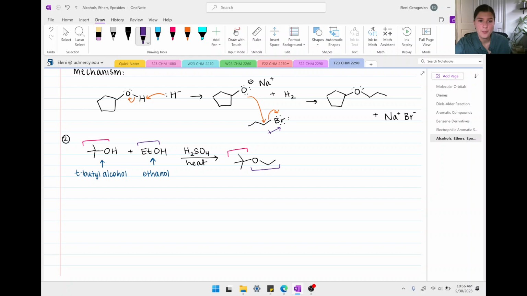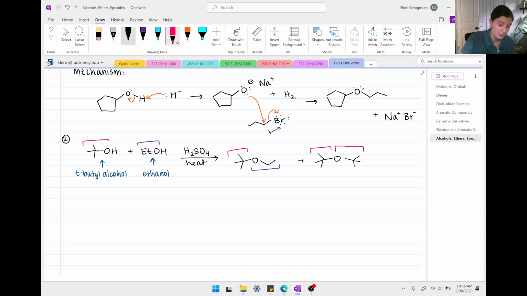There are also different possible products here. We could combine two tert-butyl alcohols. So we have tert-butyl from the tert-butyl alcohol and another tert-butyl group, assuming that we have excess tert-butyl alcohol present.